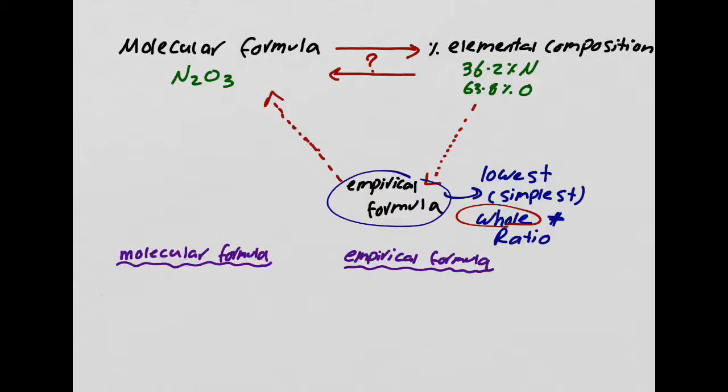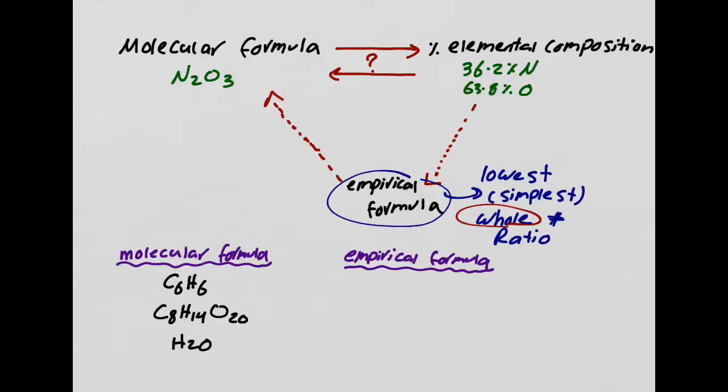Let's say I give you C6H6. I'm going to give you C8H14O2, and I'm going to give you H2O. If I have C6H6, can I simplify this? What do you think?